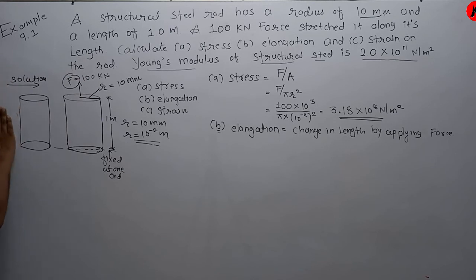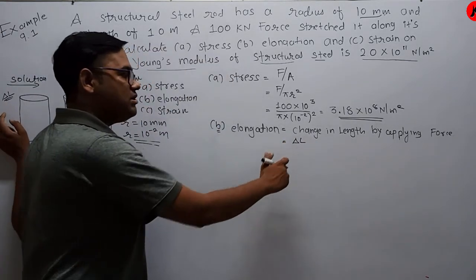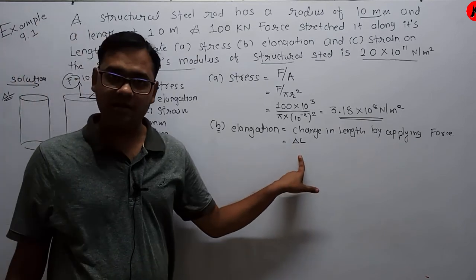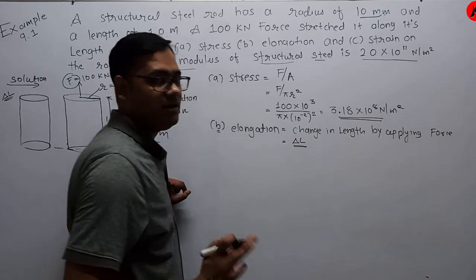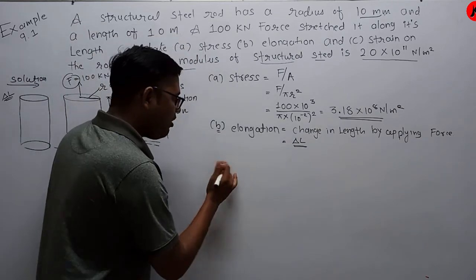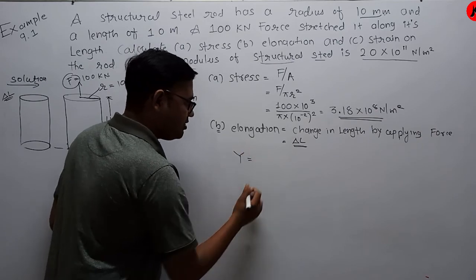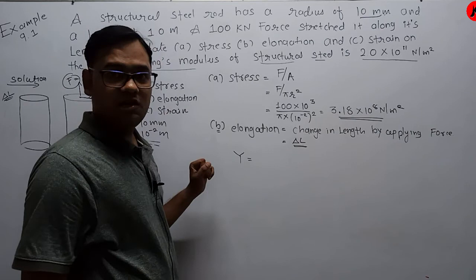So there may be a change in length, which we can consider as delta L. So elongation is nothing but the change in length, delta L, right? So in the second point we need to calculate delta L. How can we calculate delta L? For that we have one definition, one equation for Young's modulus. How can you define the Young's modulus?